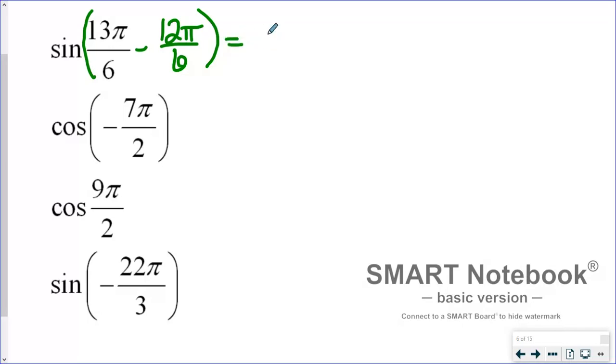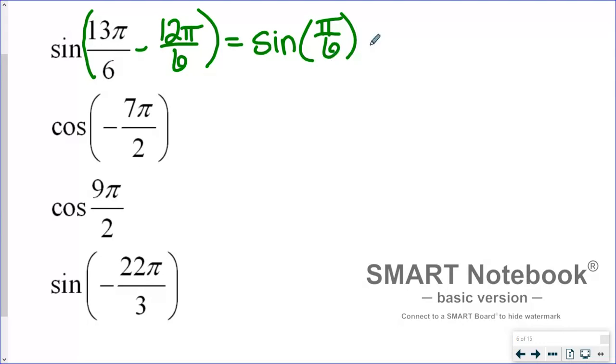So what do I get here? Sine of what? 13 minus 12 is 1. Yes, 1 pi over 6. I know. Super difficult, guys. I'm really trying to kill you this morning. So the sine of 13 pi over 6 is the same as the sine of pi over 6.